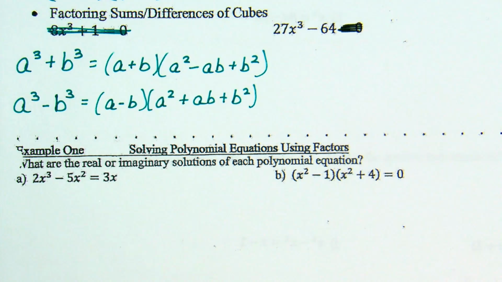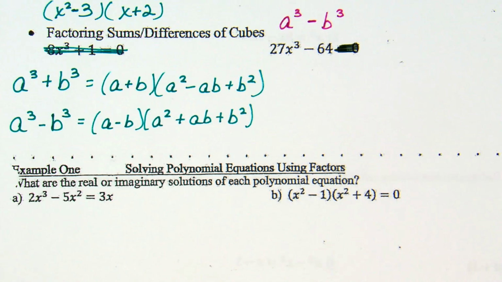This is an a cubed minus b cubed, and I say that because both of those terms are what I would call perfect cubes. So before we proceed, let's talk about what is the cube root of the first term.